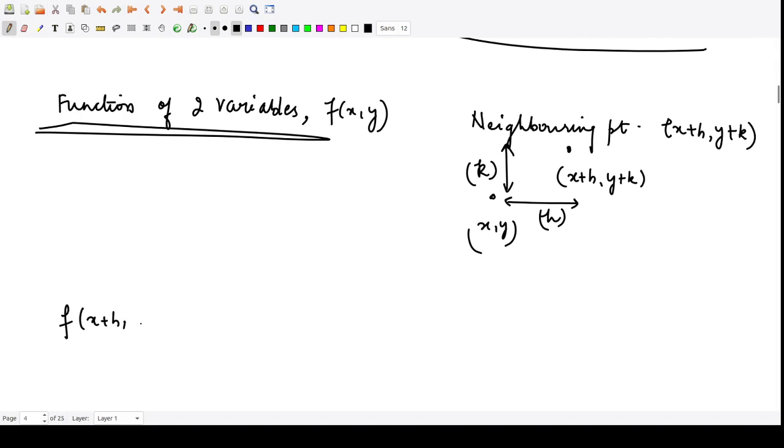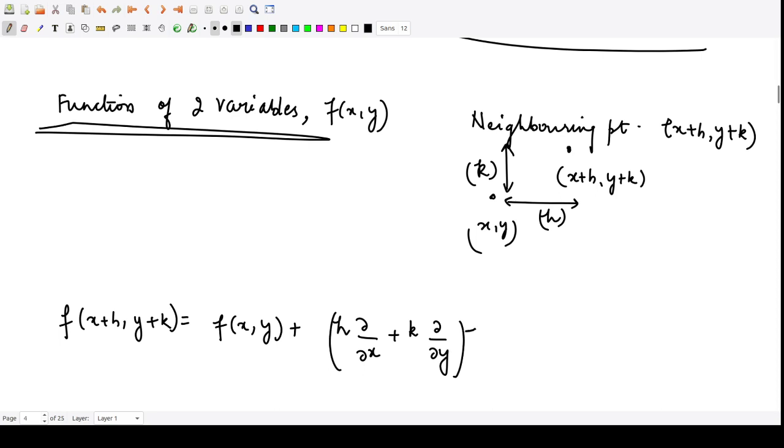f of x plus h, y plus k is given by the function's value at the point xy plus h into the partial derivative with respect to x plus k into the partial derivative with respect to y of the function f of xy.